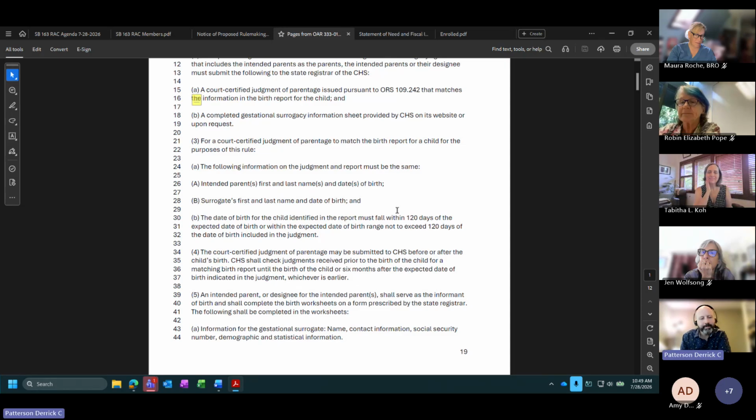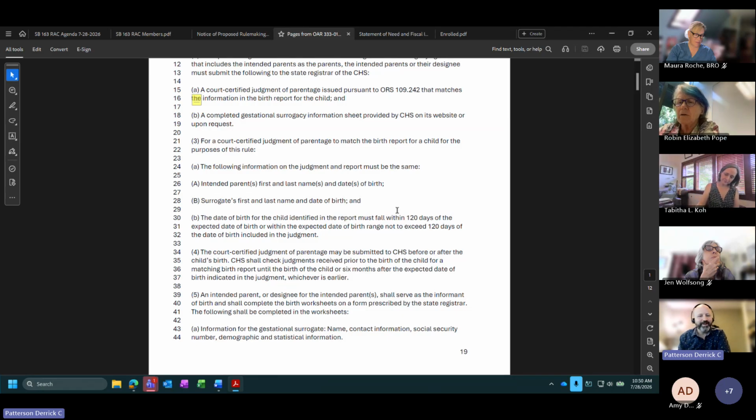Yeah, Tabitha. Just a second practical question. Are we going to be looking for original certified copies here, or will photocopies be sufficient? Often the documents are provided to the hospital that is at some distance, and it's not always an original. Thank you. Great question.